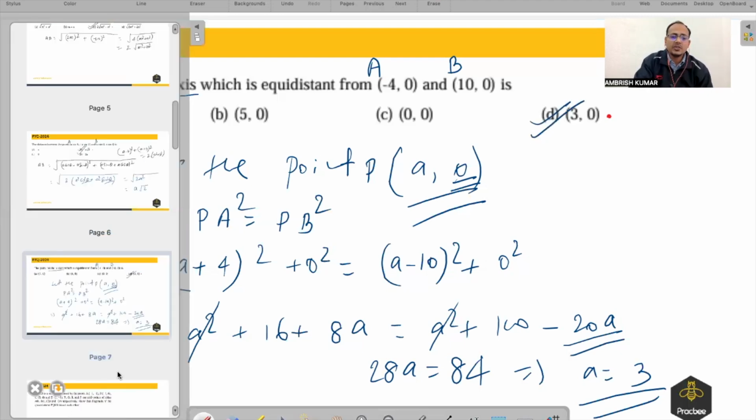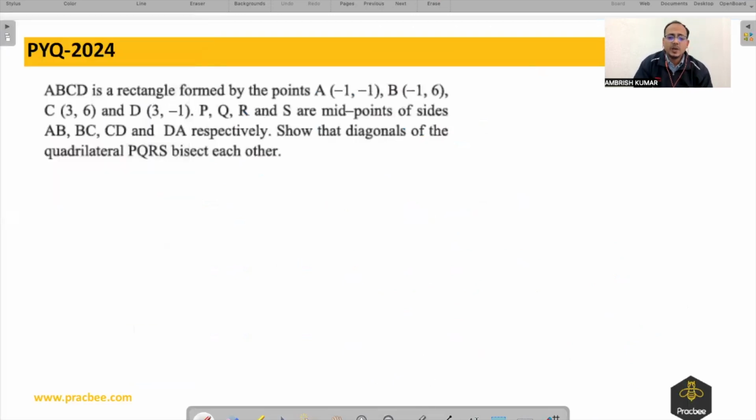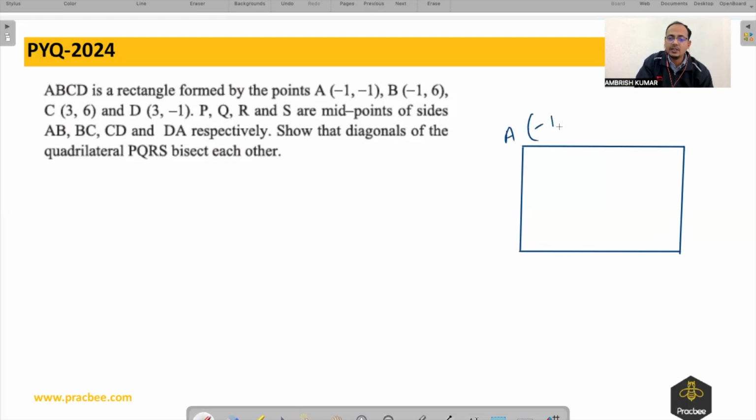Now see the next question. In this particular question, ABCD is a rectangle. Just make a rectangle ABCD. The coordinates of the vertices of this rectangle are given to you. Let us say this vertex is A, with coordinates (-1, -1).